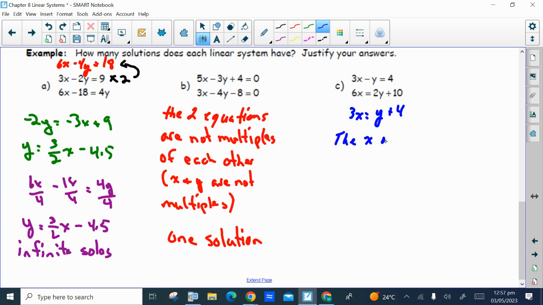The x and y terms are multiples. So therefore, they will have the same slope, but different y-intercepts.